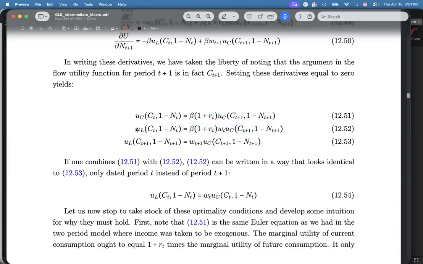This one is if you work more today, you will miss out on leisure, but it will transform into wages, which will transform into future savings, 1 plus R times whatever you save, and then which will translate into a higher consumption, which will mean a higher marginal utility in the future.